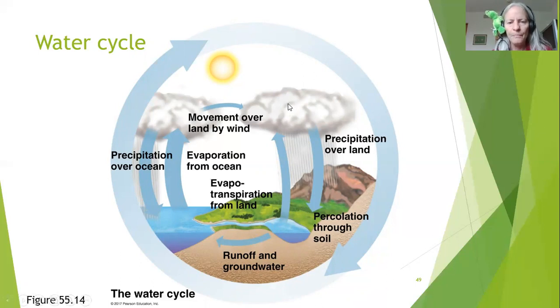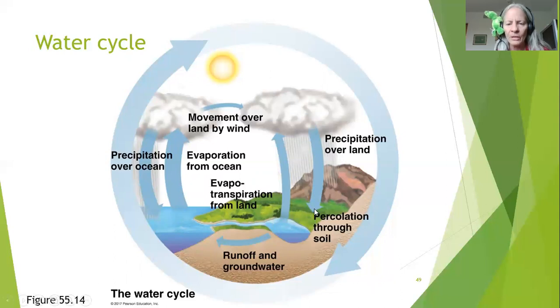The main process for moving water from the atmosphere to the ground is precipitation. And as I'm sure you know, precipitation can be rain, sleet, snow, hail, all different kinds of precipitation. Water has to condense into droplets in the clouds, and then that condensed water has to fall down as precipitation.